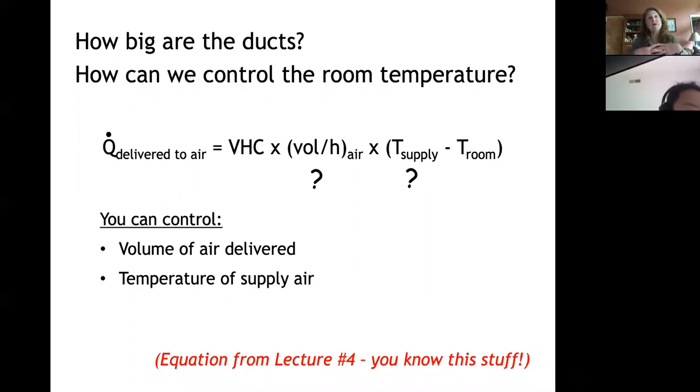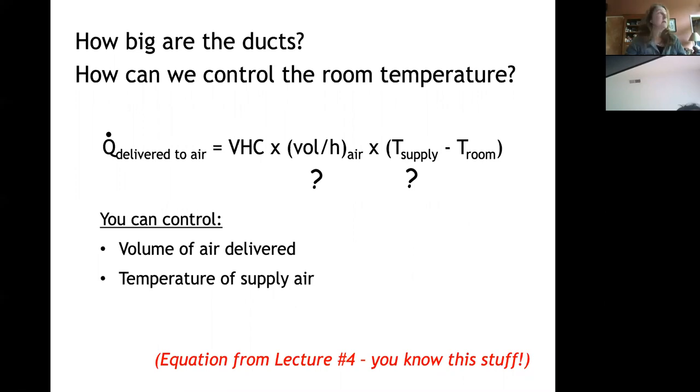So the amount of heat that's being delivered is proportional to the volumetric heat capacity of the material, in this case I'm saying air, but it can also be water. We're going to talk about air systems in a moment. The volume of air being delivered and the temperature of the supply air. Okay? So you can control how much heat is delivered to a space by either controlling how much air or what's the temperature of the air.